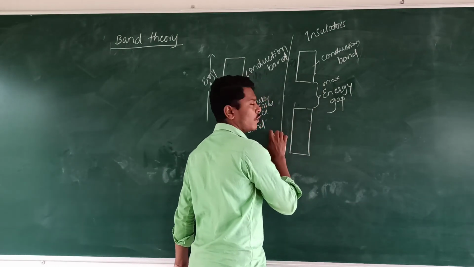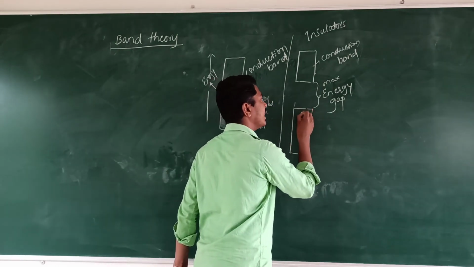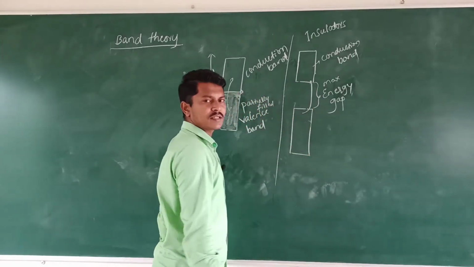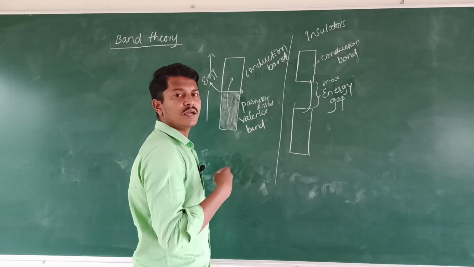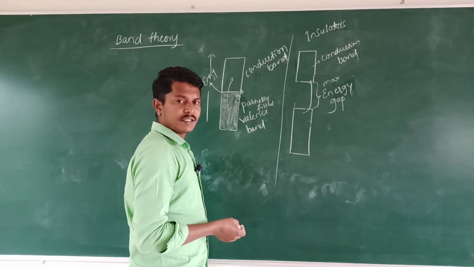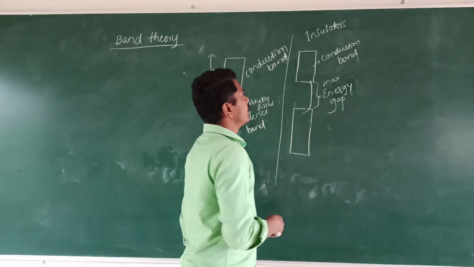The filled valence band electrons cannot jump from the valence band to the conduction band. That's why they have insulator properties and do not conduct electricity.